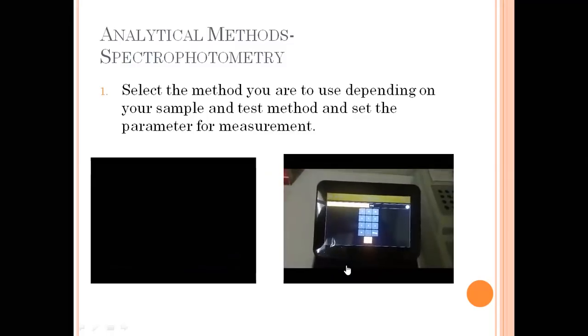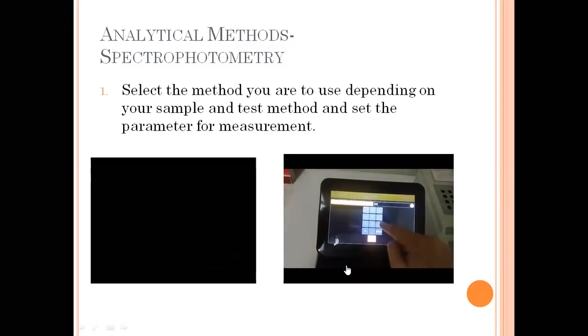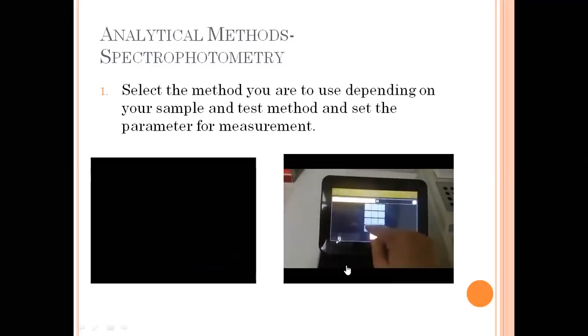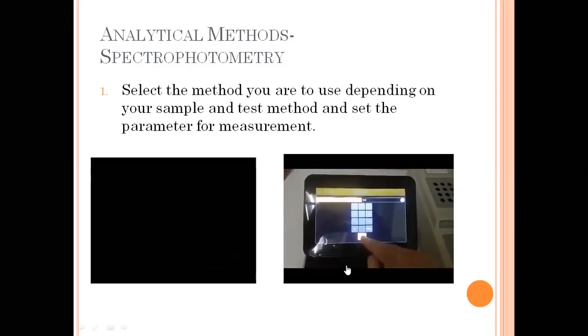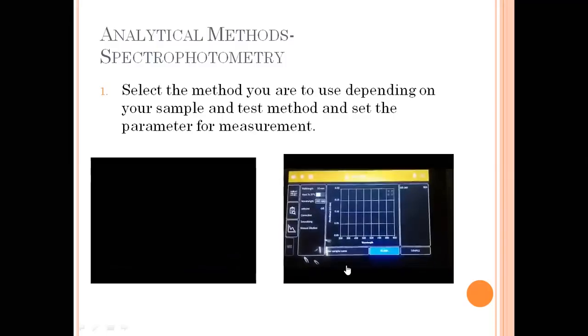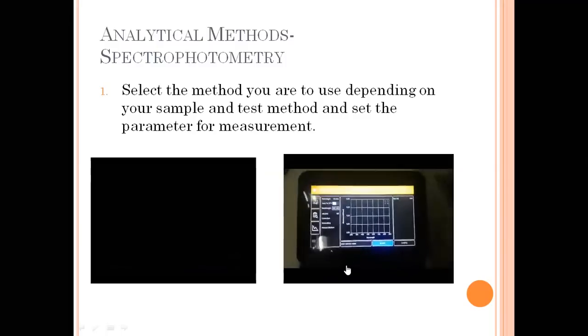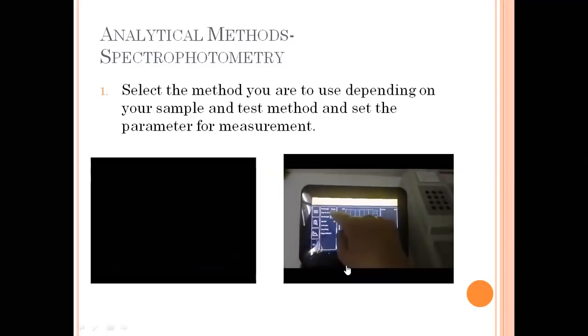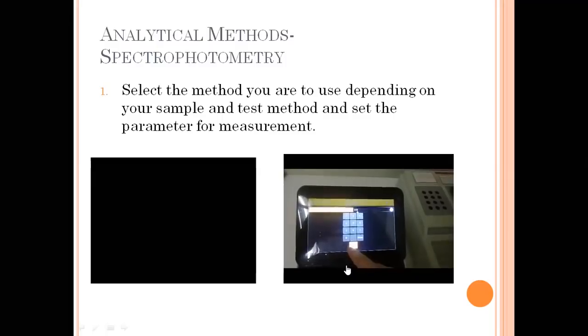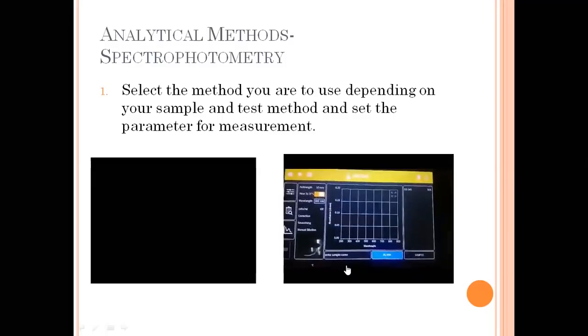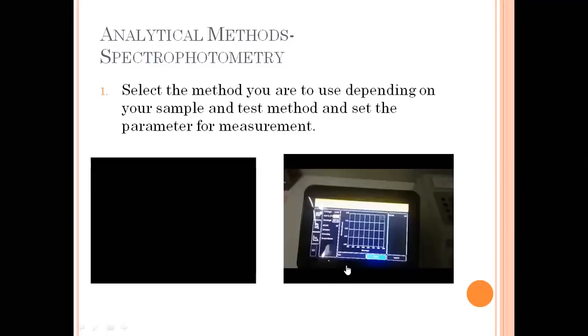So by pressing the wavelength, we can put there the wavelength needed for the test. So depende 340, 510, 500, depending on the test and depending on the analyte. So again, if you tap on that, hit to 37, okay, magko-color orange siya.